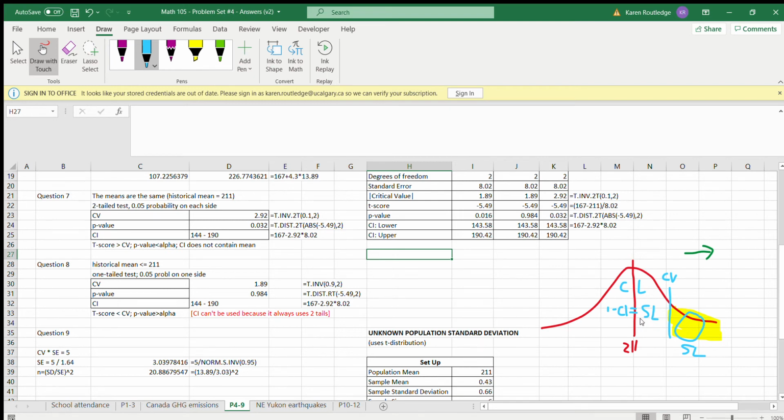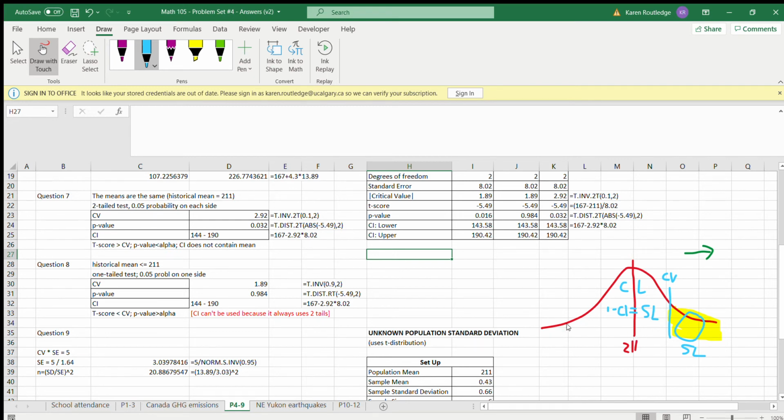So for a two-tailed test, I had one rejection region over here and another rejection region over here. And I had to take that significance level, that 10%, and divide it into two. And I had 5% over here and 5% over here, so that I could have a significant result be if my mean was less than or greater than 211.